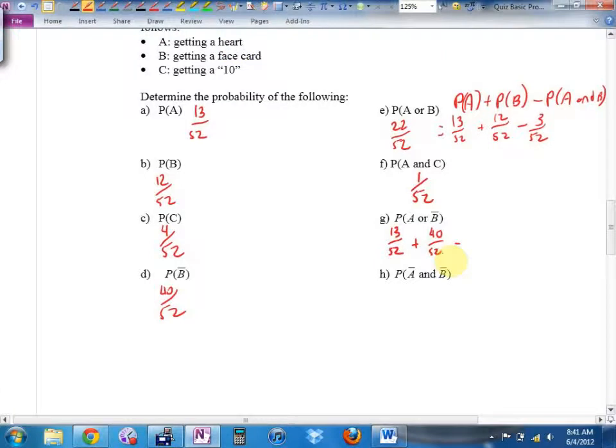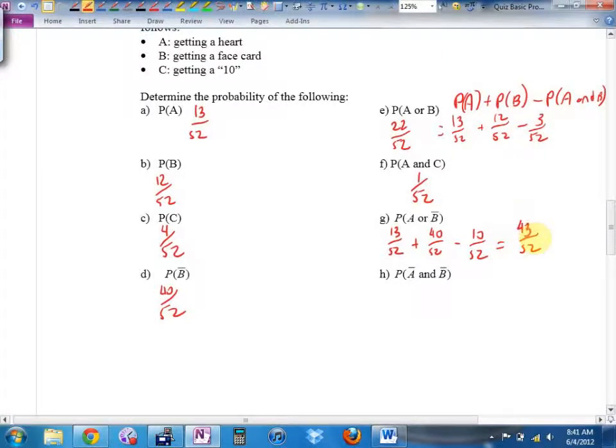How many hearts were face cards? 3. So how many hearts are not face cards? 10. 13 and 40 is 43 minus... Is it 33 out of 52? Sorry? 43 out of 52? Makes more sense to me.